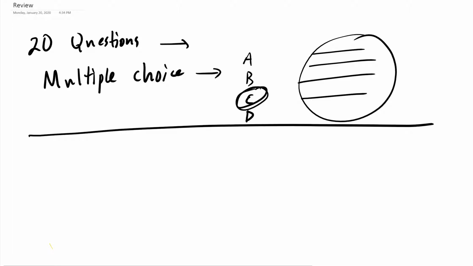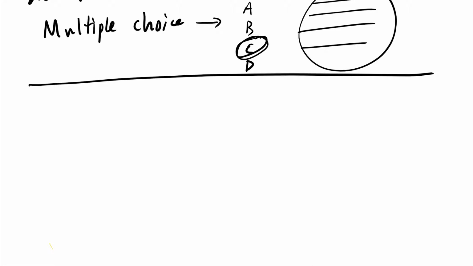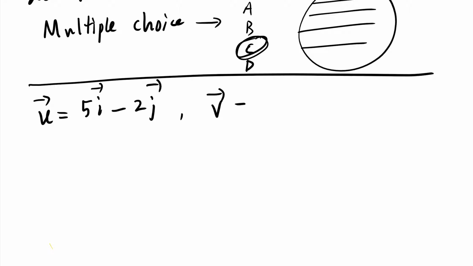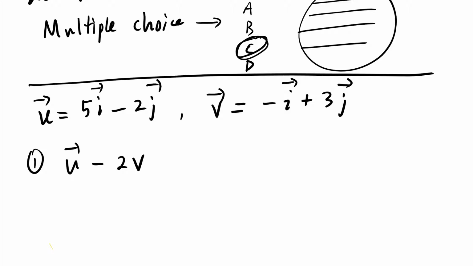So I'm going to start looking at some examples, and while we're going over the examples, it will review some of the concepts for you. Let's start with vectors. If I have a vector u written 5i minus 2j, and vector v equal to negative i plus 3j, how do you find u minus 2v, for example?